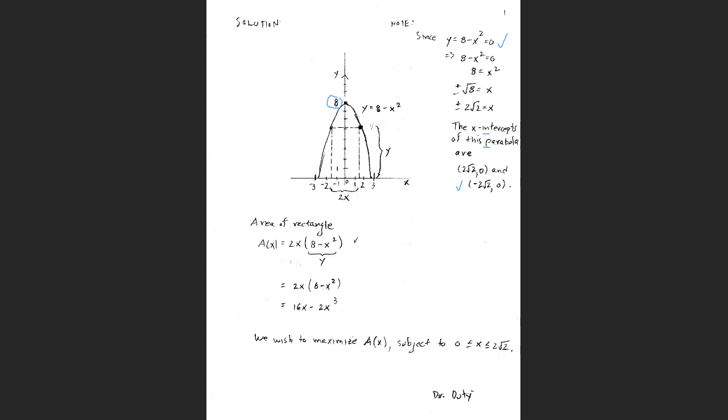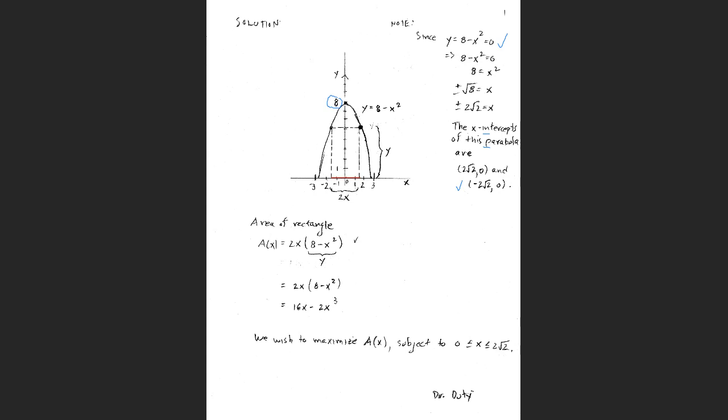Now, in addition to drawing the parabola, there's a rectangle, and maybe I'll draw it in red. The rectangle has as its base the x-axis.